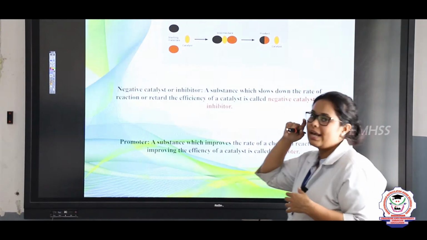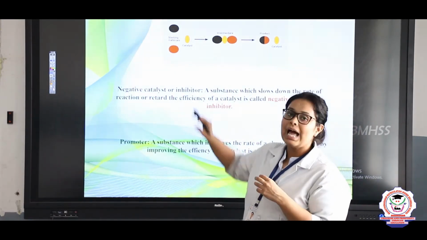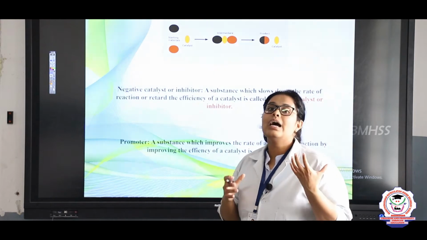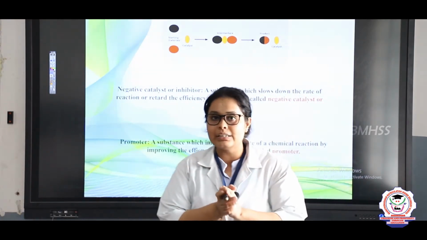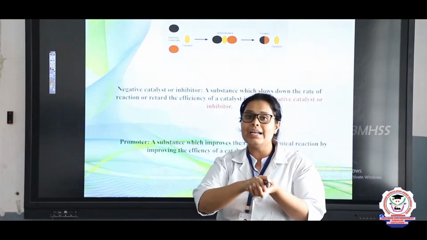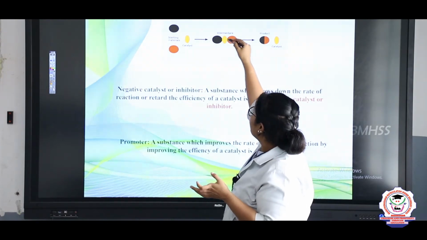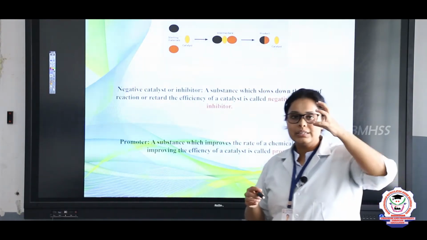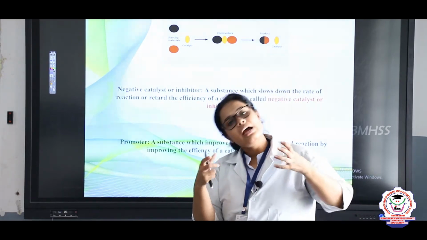Now see in this diagram, children, the first diagram shows a black particle and a red particle. This red particle and black particle are known as the starting material. When the catalyst is introduced, there will be a place in between: black one, yellow is the catalyst, and the end is a red one.